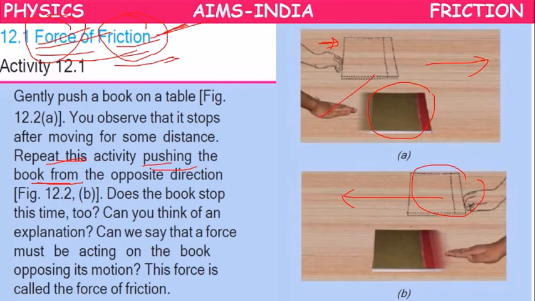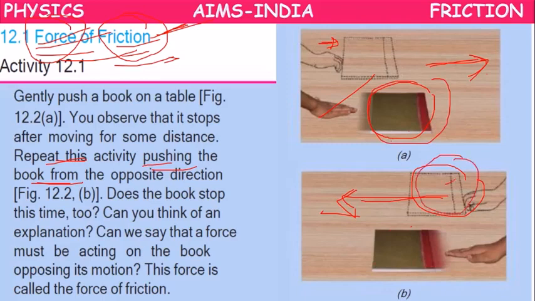So two times, from left to right, and also when you are pushing from right to left, in both cases the book stops after traveling a certain distance. So why is it moving, and why is it stopping?